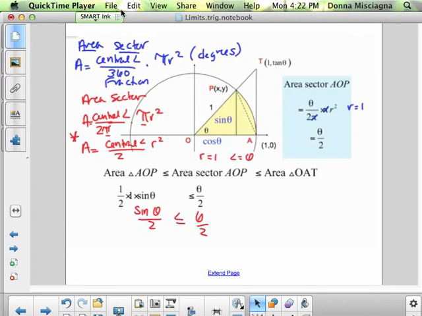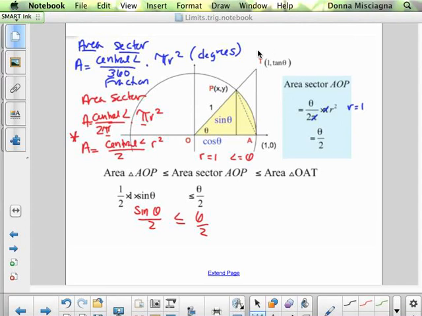All right, so here we have the area of triangle AOP, right? And that was sine theta divided by 2. But what about the area of the sector? If you remember from geometry, the area of a sector, and I'm just going to use this handy dandy arrow to point to things because I can't write it.